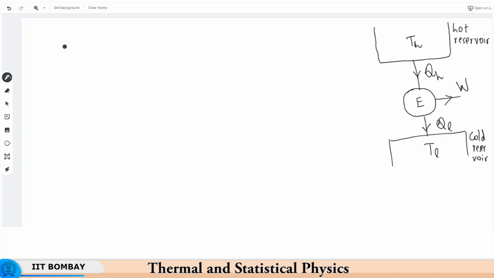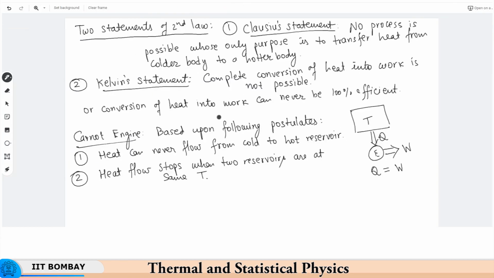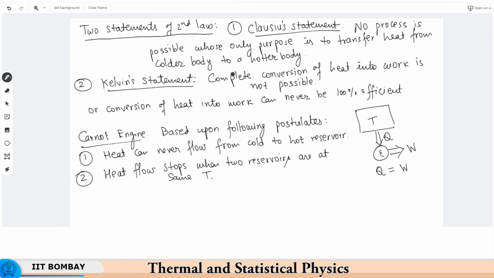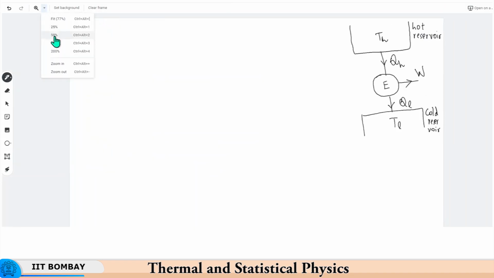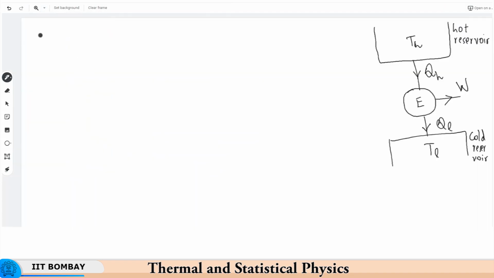So, basically, the quantity that we are interested in is the efficiency with which we can convert heat into work, right. So, we can define the efficiency, which is usually defined as output by input, right. So, how much effort we are giving and what is the output we are getting, right.